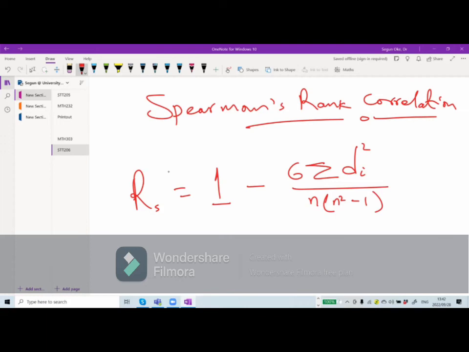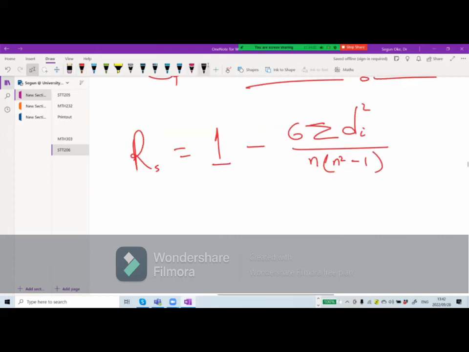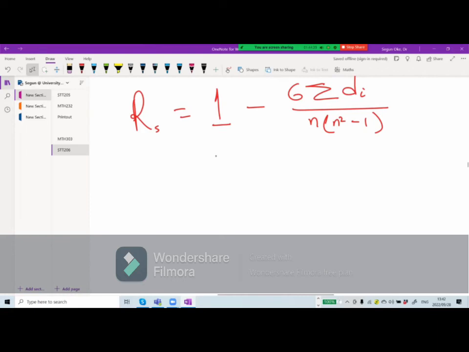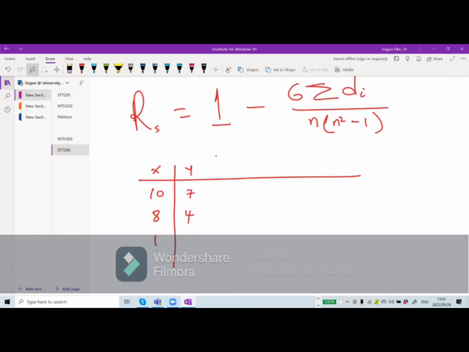So what are the things we have? Let's look at this example. Let's say we have x to be 10, y to be 7, 8, 4, 12, 6.